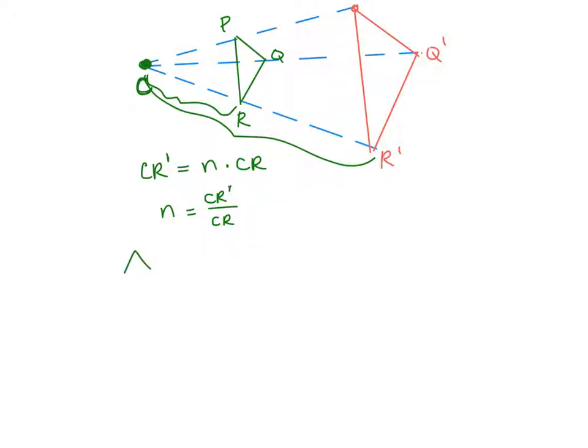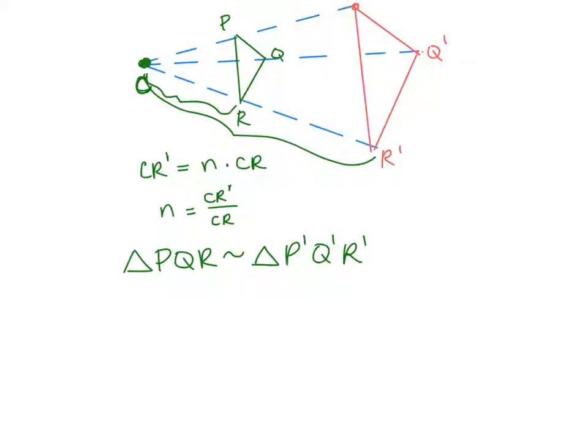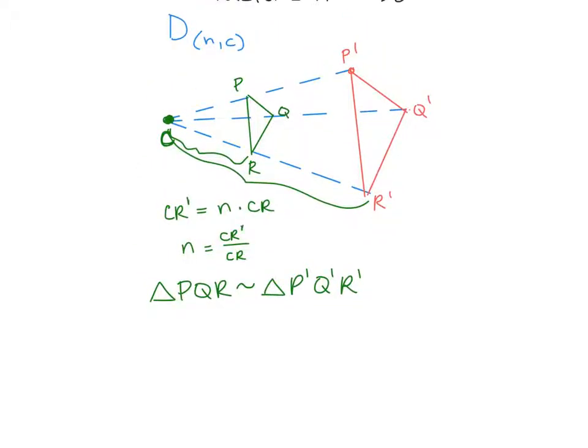So what we can say with these two triangles is triangle PQR. Do you remember what the tilde means? Similar. So we're saying triangle PQR here is similar to triangle P prime, Q prime, R prime. They are proportional. The sides will be proportional, okay?